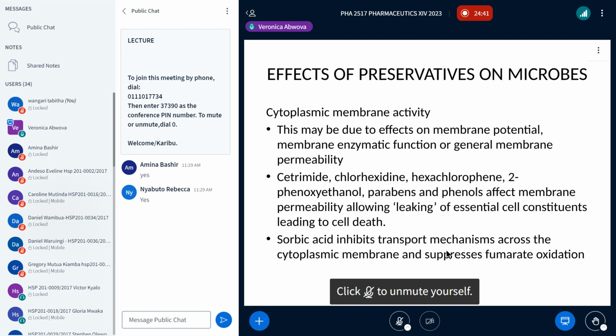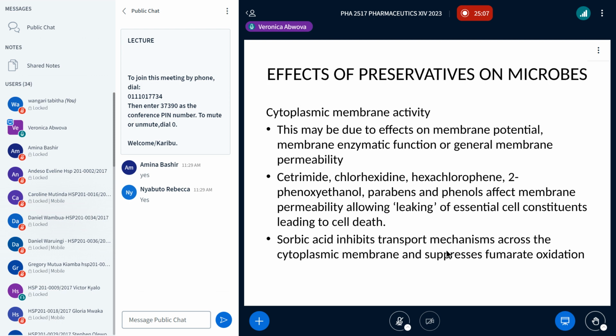They will control the integrity of the membrane and all that. But now, if you interfere with that, the general function of the membrane will be interfered with. Cetrimide, chlorhexidine, all those will affect membrane permeability, which allows leaking of essential cell nutrients, leading to cell death.